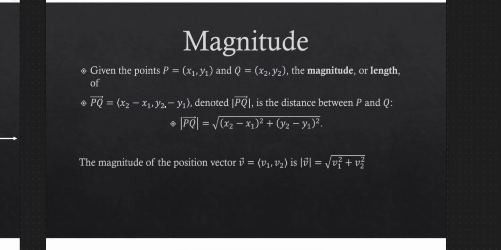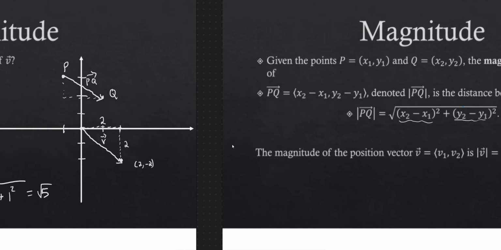So PQ is x2 minus x1, y2 minus y1. That's my position vector for PQ. And then the magnitude of PQ is the distance between P and Q, right? That's how we define magnitude, the length of that vector. So it's the difference of x2 and x1, square that, y2 minus y1, square that, take the square root. That's exactly what's going on here.